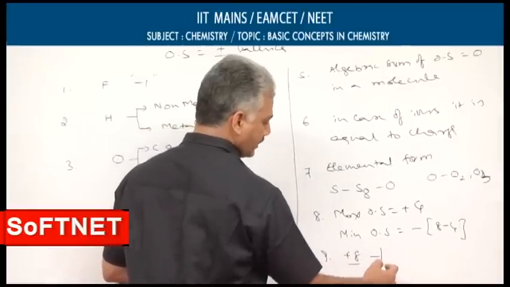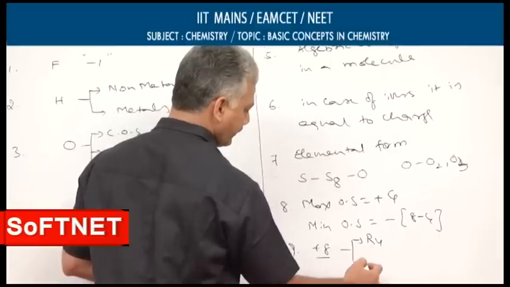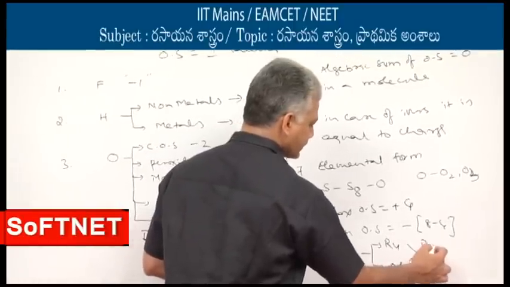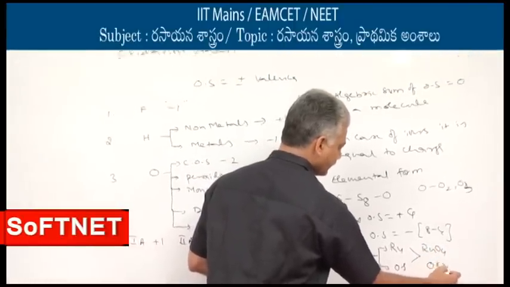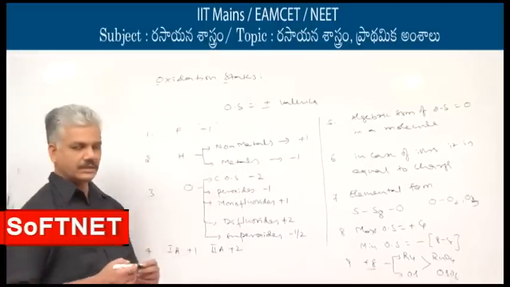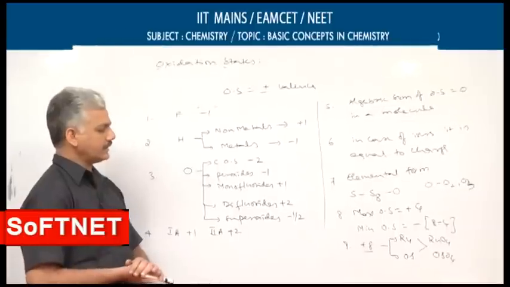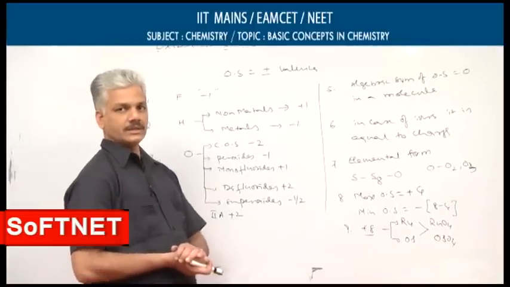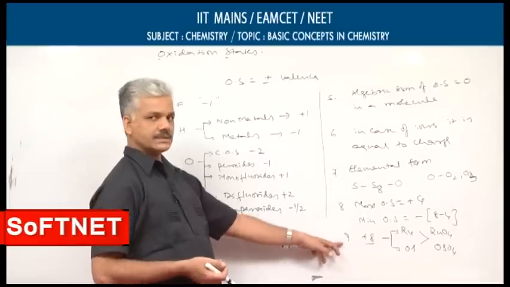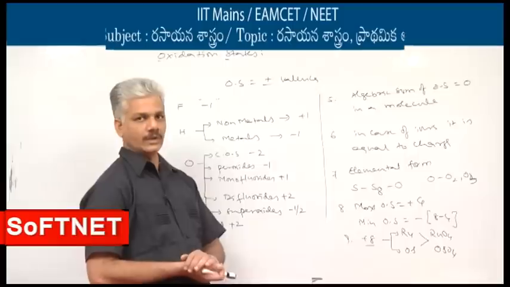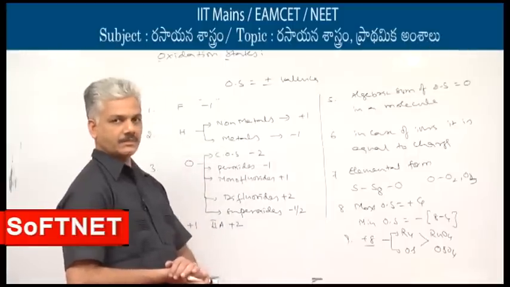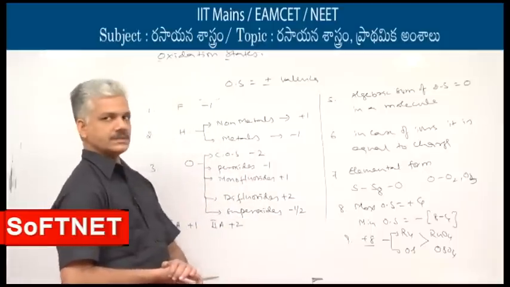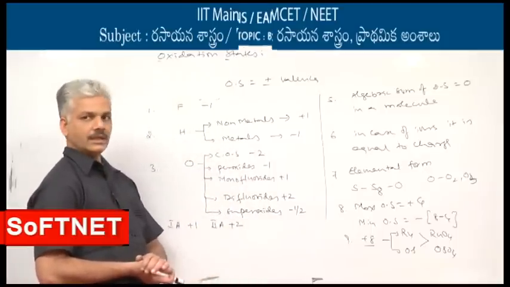It is shown by only two elements, ruthenium and osmium, that too in their tetroxides only. So, if for any element the calculated oxidation state value is exceeding +8, somewhere the calculation is wrong. So, in such cases you can make use of this rule, and the maximum oxidation state can be safely taken as equal to +G, where G is the group number of the element.